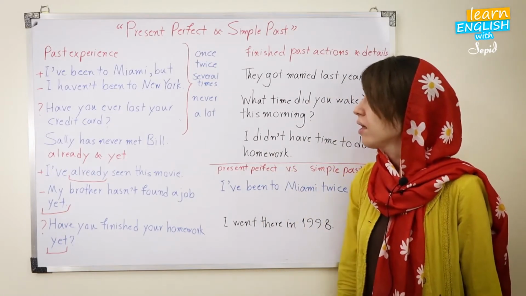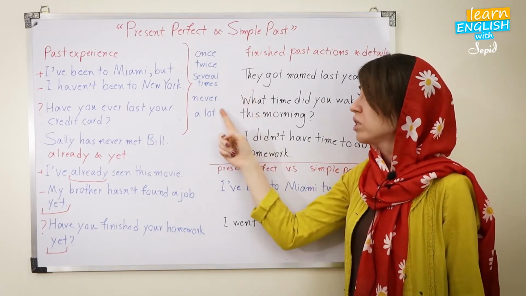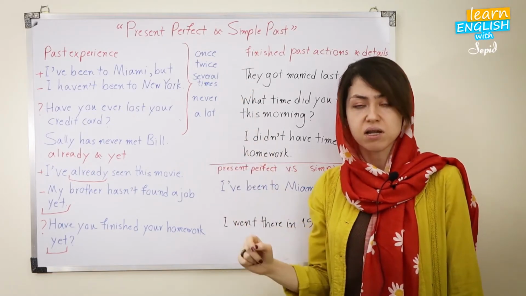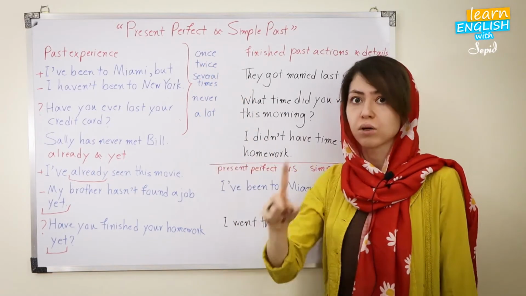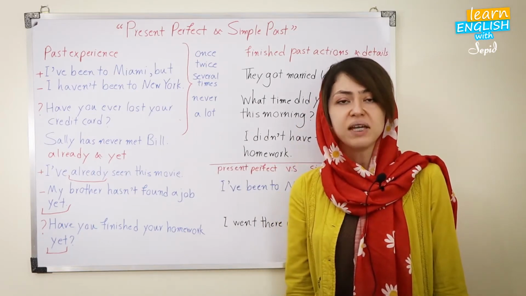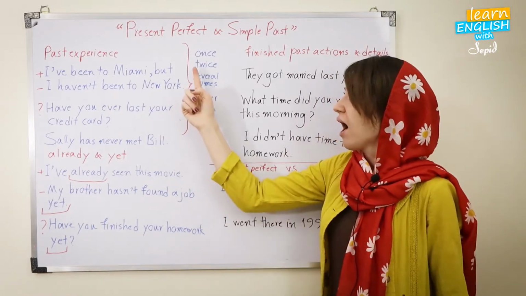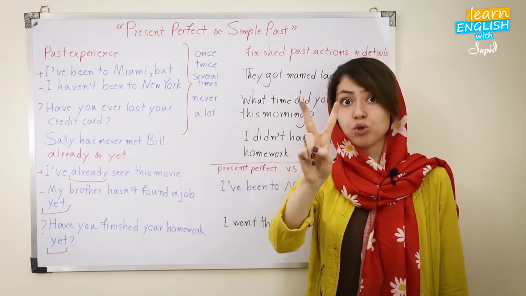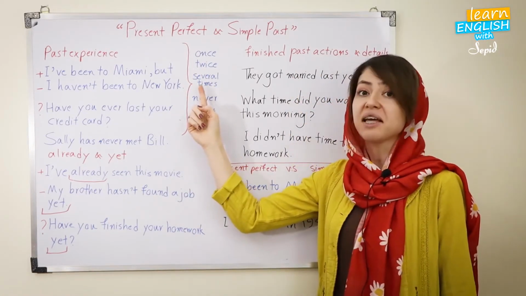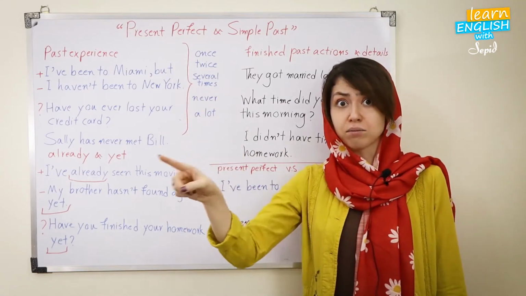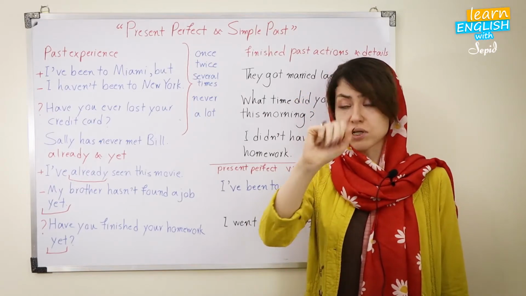Let's go to another point. If you want to talk about experience, you can use these phrases, like once. I've been to Miami once, only one time. I've been to Miami twice. I've eaten sushi several times.